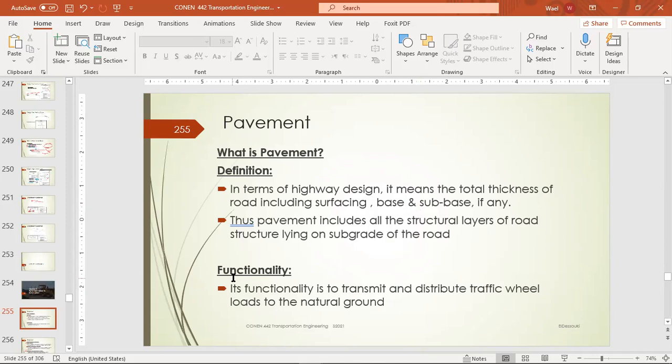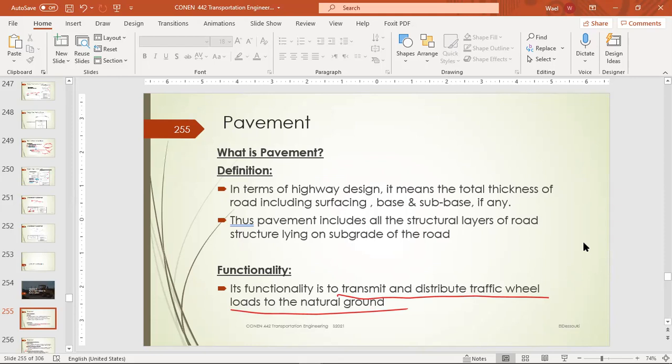Okay, what is the functionality of the pavement? The primary functionality of the pavement is to transmit and distribute traffic wheel loads to the natural ground. That's basically it. Transmitting, as I mentioned earlier, the load of truck wheels, which are heavy, on natural ground.